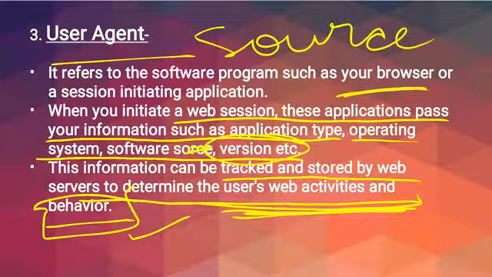Like this, hackers or intruders are caught by the government or by the people who are the victims of that crime. So user agents are the programs or web browsers that keep a record of application type, operating system, software, and version, etc. And the activities are stored in the web servers to determine the behavior of the user.